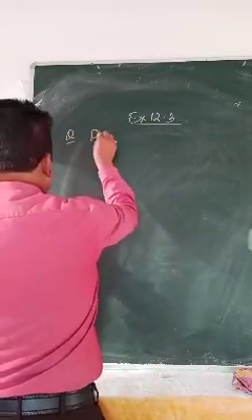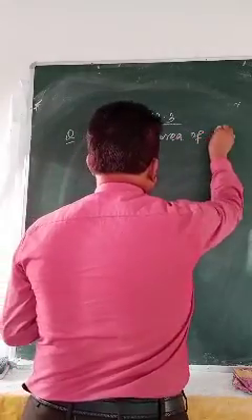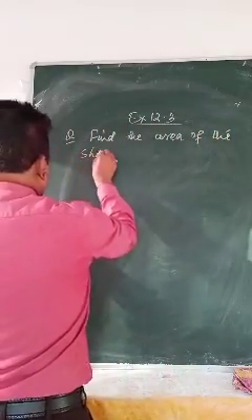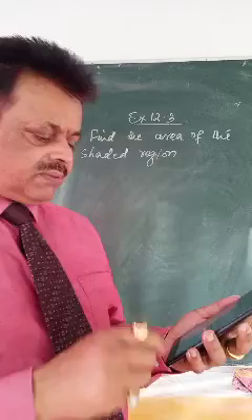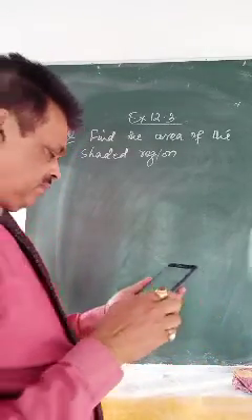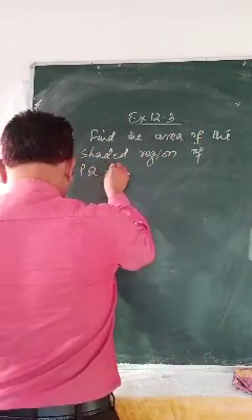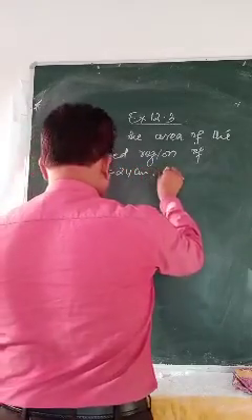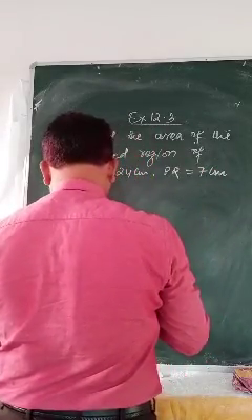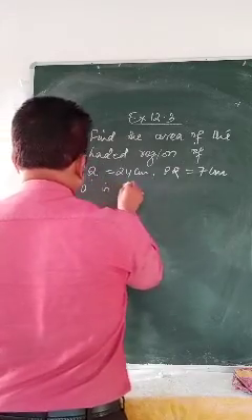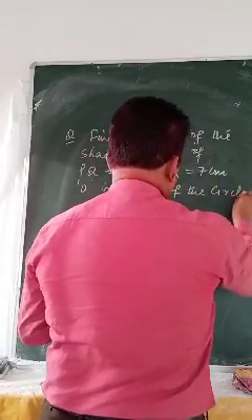Question is: find the area of the shaded region if PQ is equal to 24, PR is 7, O is the center of the circle.